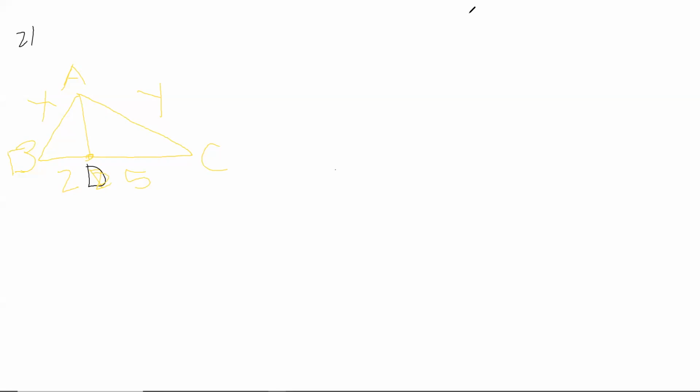Since angle A is being bisected, it's nice to have that drawing. Based on the angle bisector theorem, we could solve for AC, which is x over 2 equals y over 5. And you get x equals 2y over 5 once you solve it.